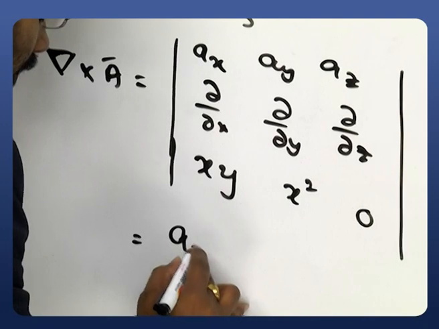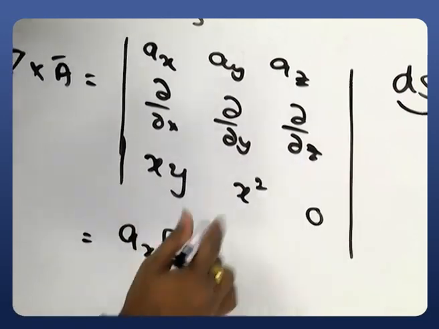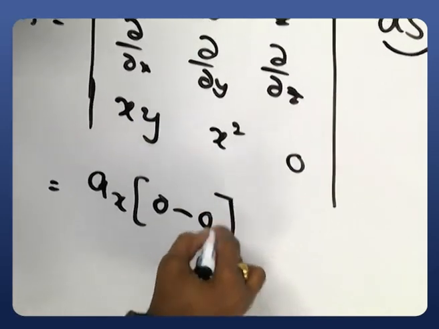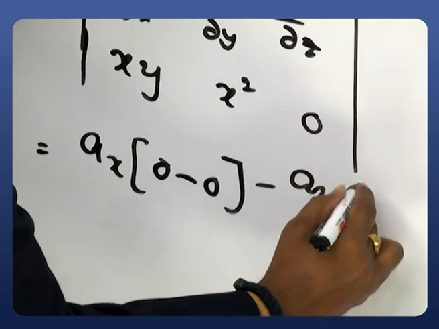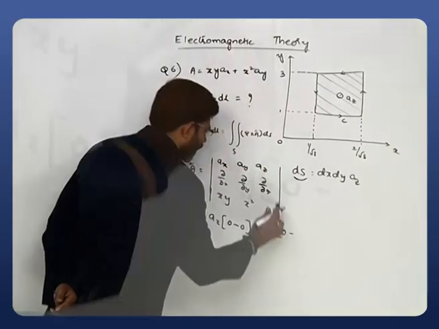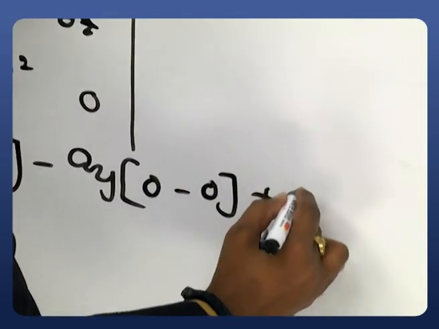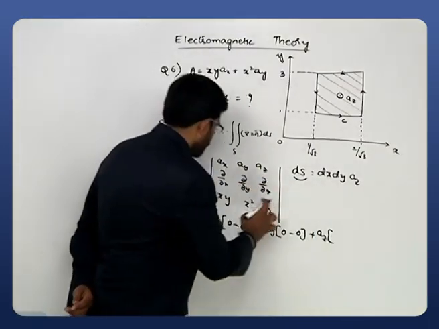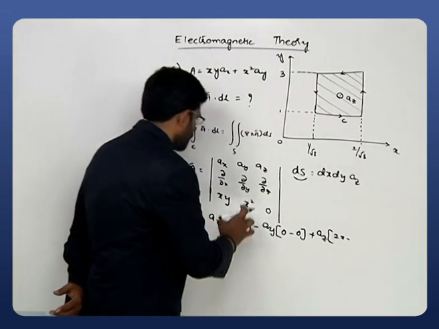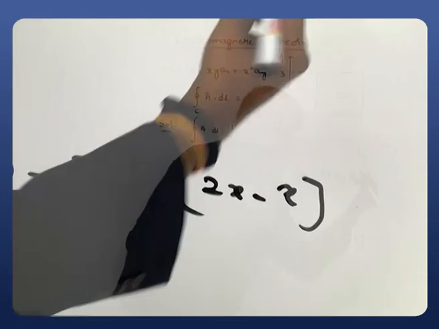Let me simplify this. ax times dou by dou y of 0, which is 0, minus dou by dou z of x square, which is 0, minus ay into dou by dou x of 0, which is 0, minus dou by dou z of xy, which is 0, plus az into dou by dou x of x square, which is 2x, minus dou by dou y of xy, which is x.